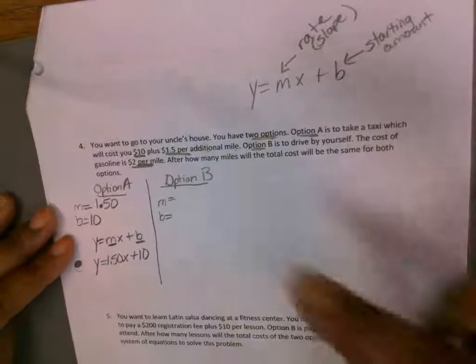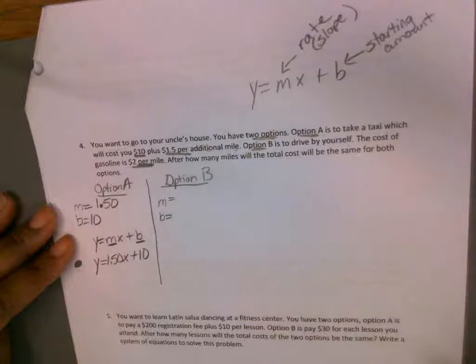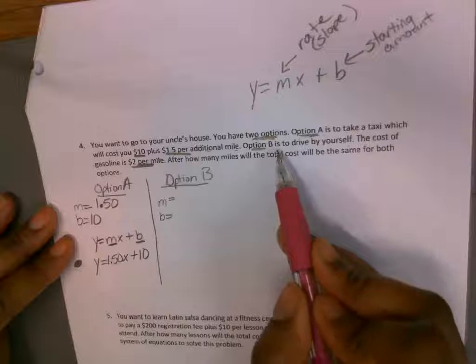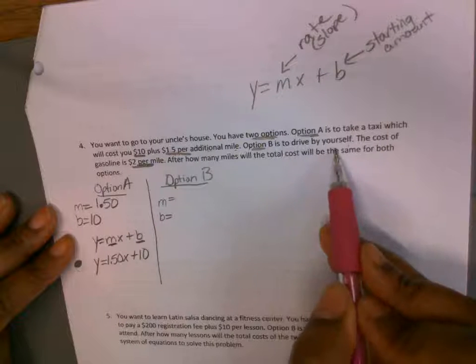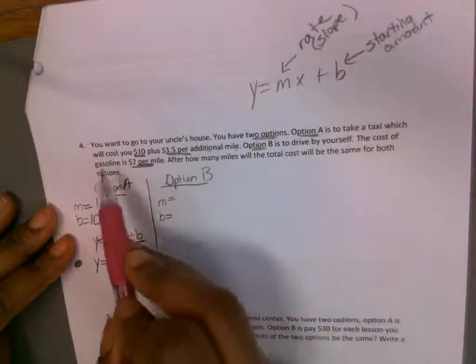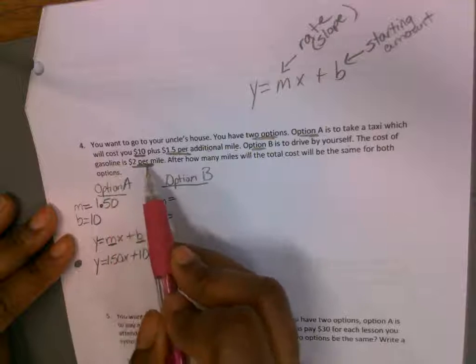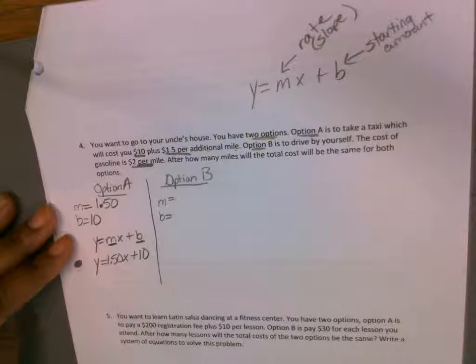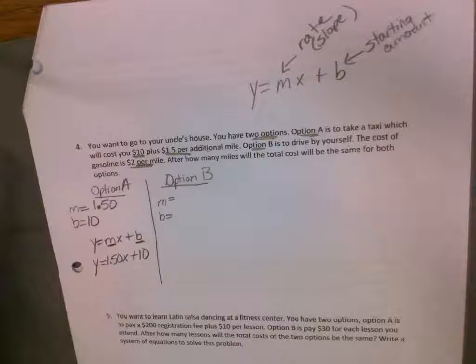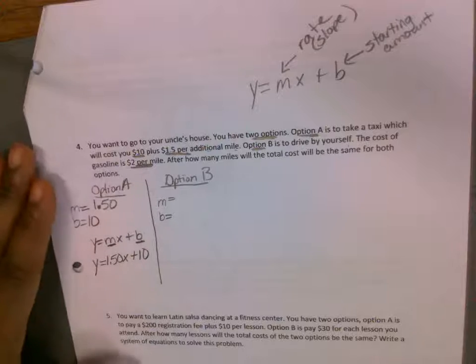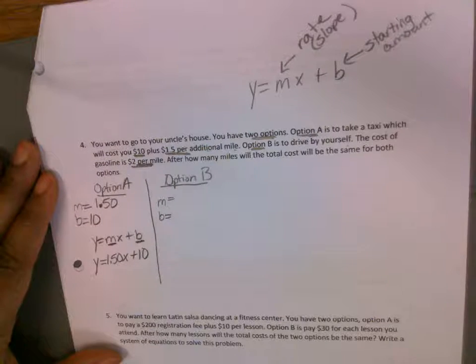So now let's look at option B. We read it, it says, B is to drive yourself. The cost of gasoline is $2 per mile, period. That's where it stops. Is that $2 per mile my rate or my starting amount? That's your rate.